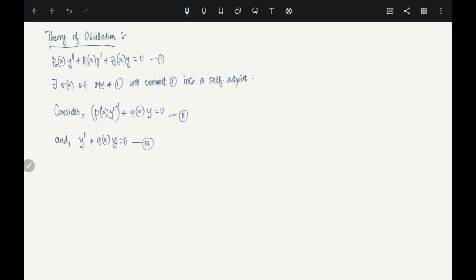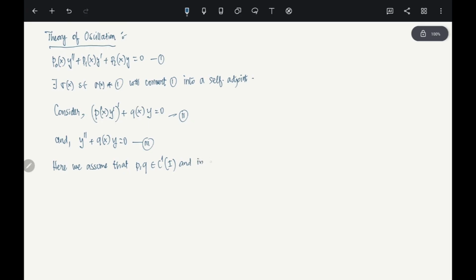Here we assume that P and Q are in C1 of I. Whatever interval I it is defined on, it is C1, so continuously differentiable. This is what we are assuming essentially.